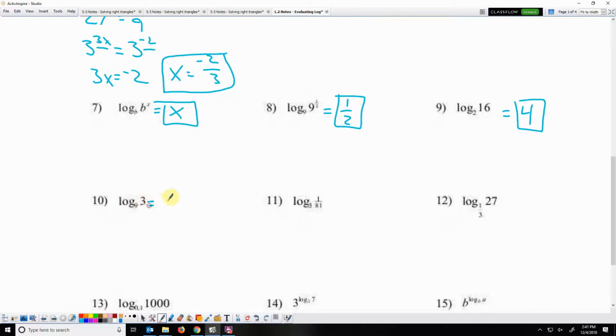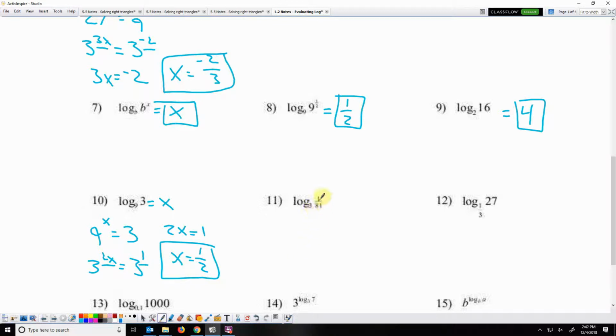This one might not be so obvious, so let's do this with a variable. 9 to the x power makes 3. So I can change this 9 into 3 squared, so it's going to be 3 to the 2x power equals 3, and that's 3 to the first power. Equal bases means equal exponents. 2x equals 1, so x is 1/2. So 9 to the 1/2 power makes 3.